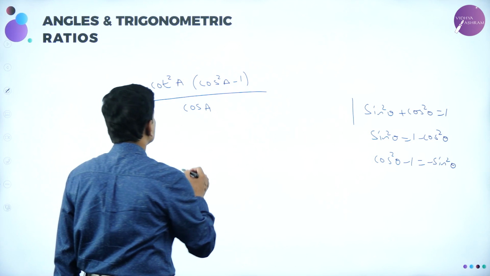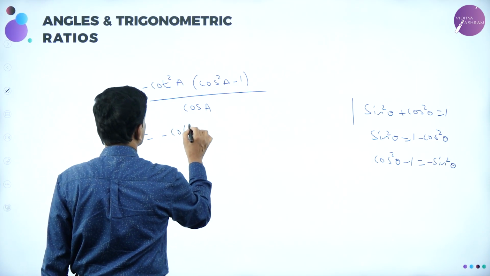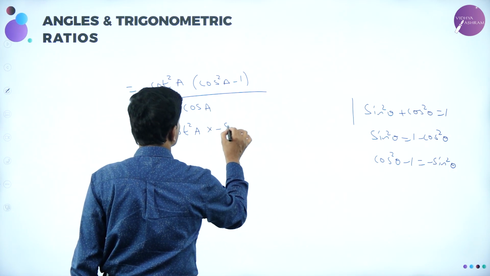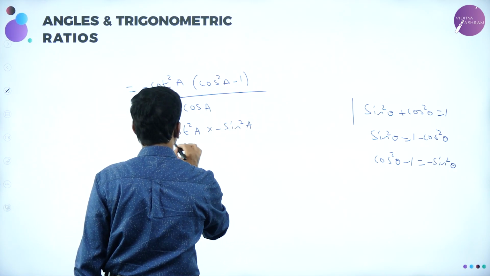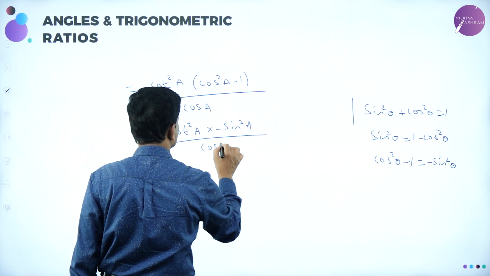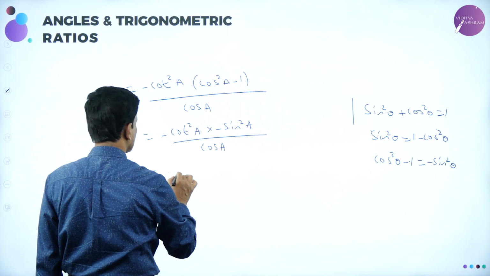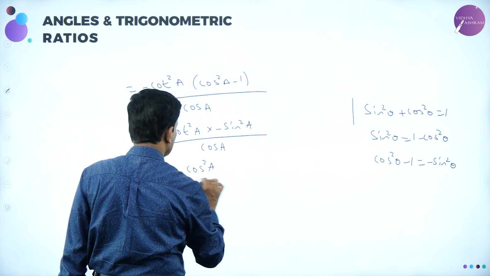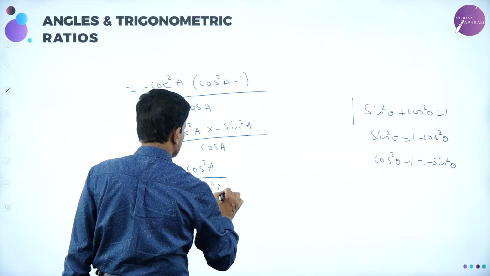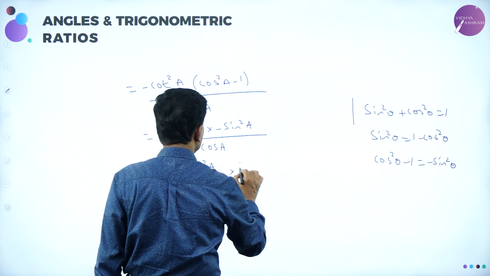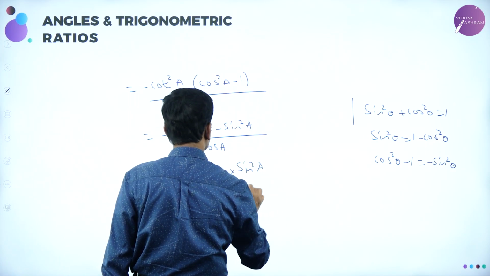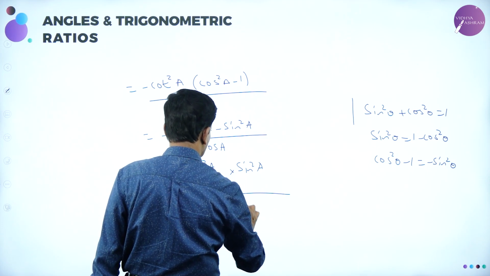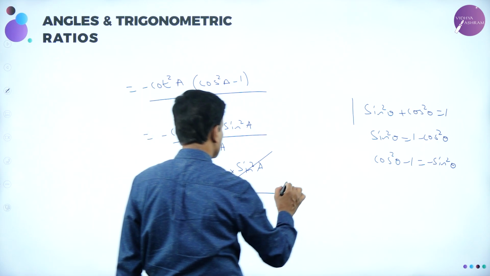Now, that is equal to minus cot square A into, cos square A minus 1 is minus sin square A divided by cos A. Now, this minus and minus becomes plus, cot square A can be written as cos square A divided by sin square A, into this sin square A, whole divided by this cos A. Now, sin square and sin square get cancelled.